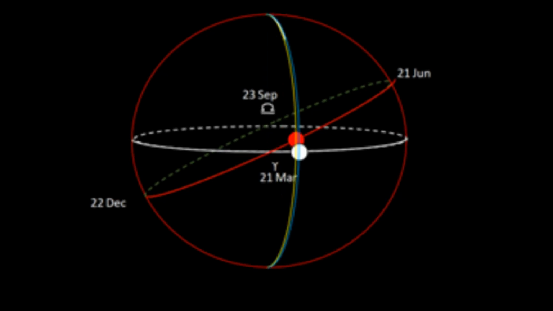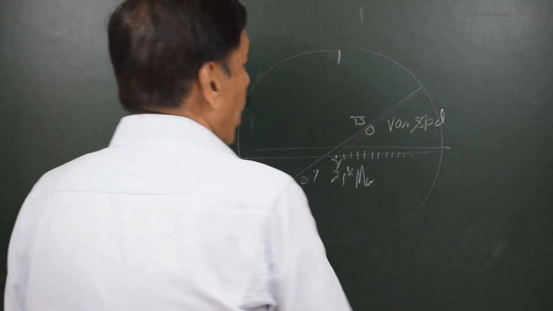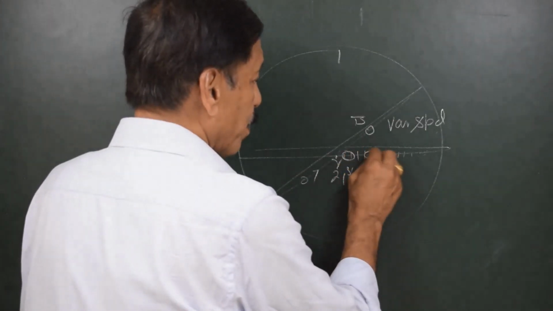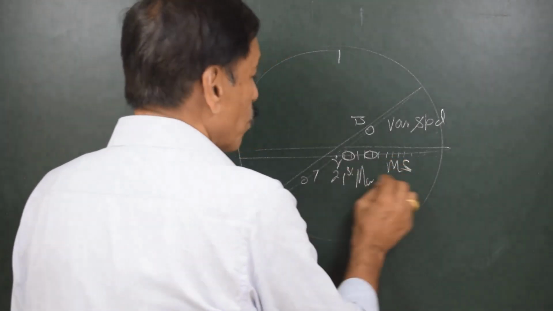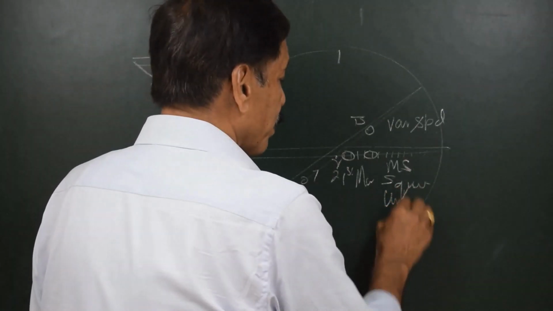What we basically want is, while this true sun is moving on the ecliptic at varying speed, to have a mean sun which moves on the equinoctial at uniform speed.